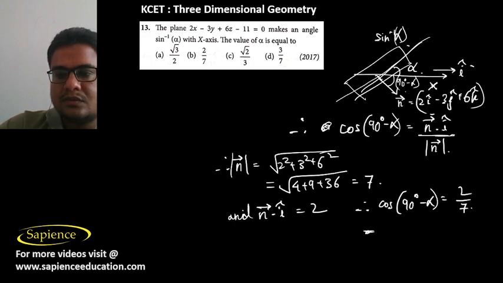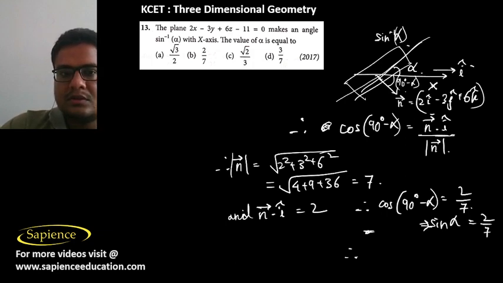So it is also equal to sine alpha. So sine alpha is 2 by 7. So here actually the question was wrong. It should be sine alpha. Option B is the correct answer.